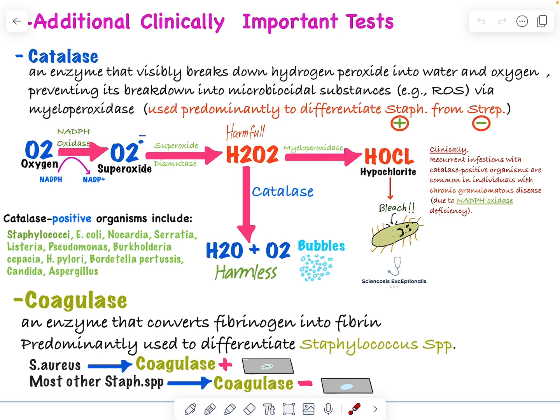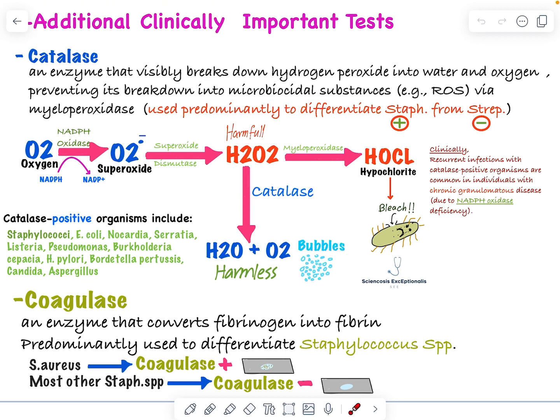Then they convert the superoxide into hydrogen peroxide by the superoxide dismutase enzyme. Then the hydrogen peroxide is further converted into hypochlorite, which is a strong microbicidal substance that can kill microorganisms, including bacteria, as bleach.